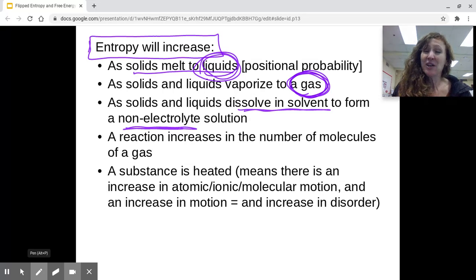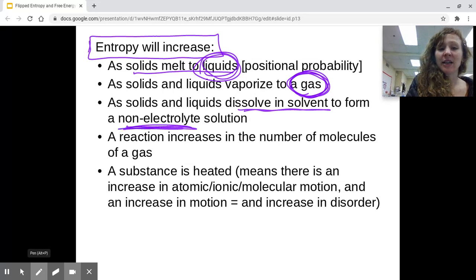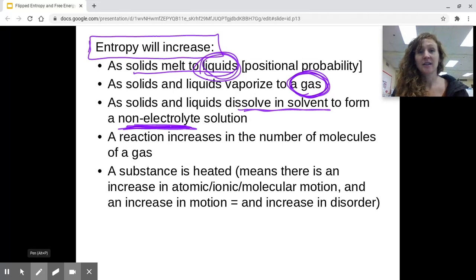It's a pretty ordered system, right? Whereas if you have a non-electrolyte solution like sugar, sugar has some orientation in it, but it's going to be a more disordered solution than the crystal structure of sugar is. Not always true for electrolyte-based solutions. So you do have to be careful about that distinction.